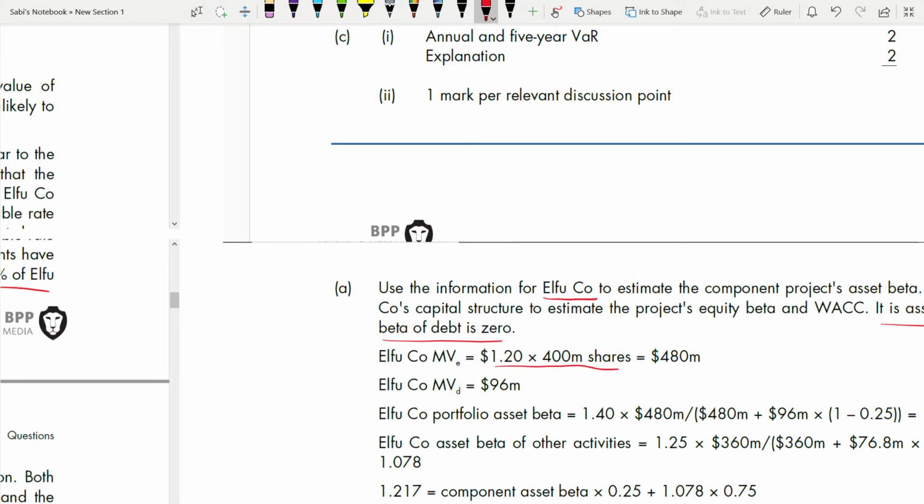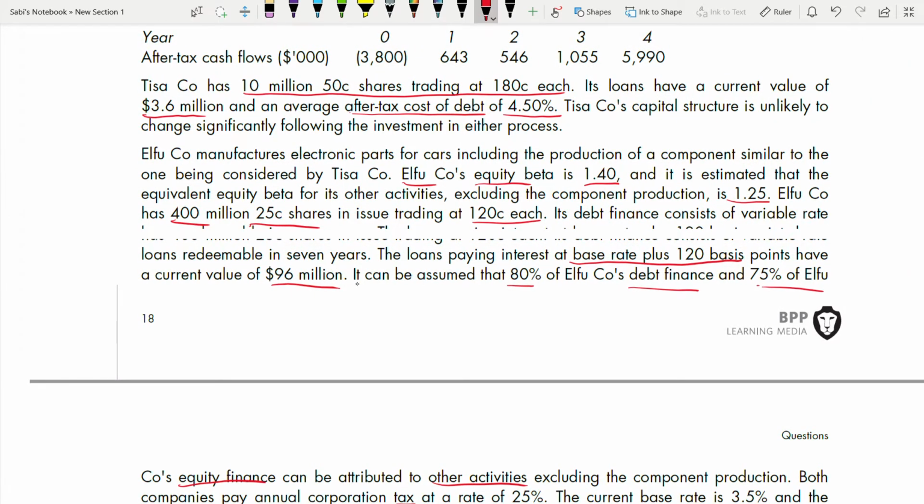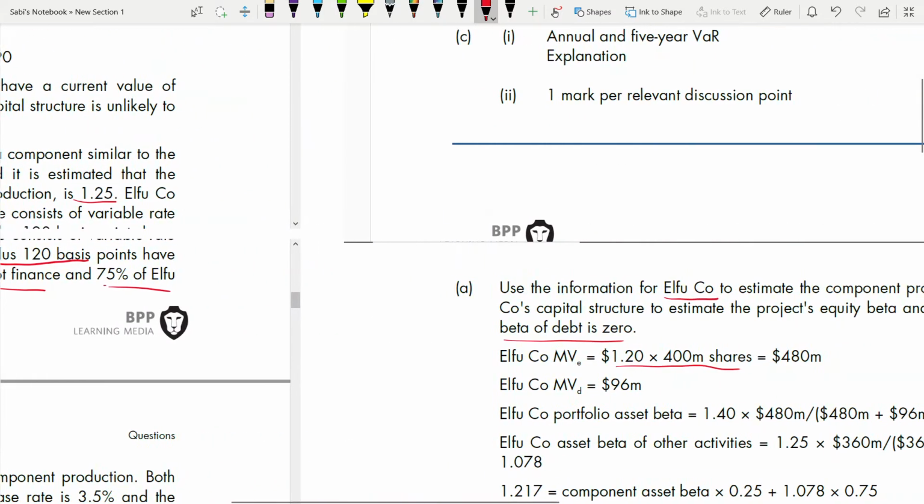You're getting the market value of equity. Now the market value of debt is already given to you as 96. For that you don't have to work. I have underlined it here also, this 96: have a current value of 96. So it is given as 96 here.